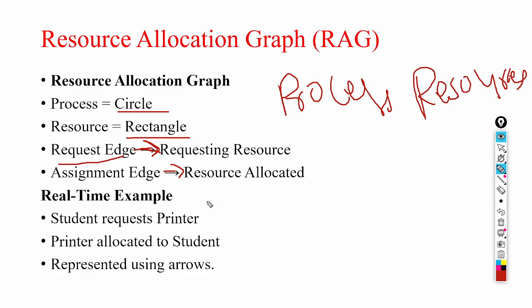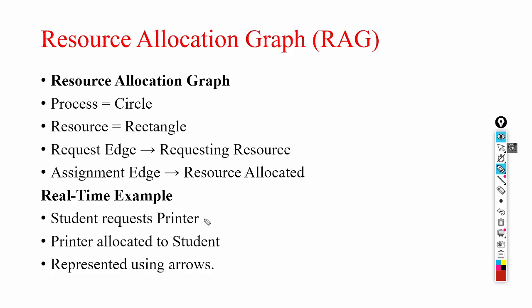Using this graph, the operating system can analyze resource allocation situations. And one more example: the student requests the printer, and the printer allocated to the student is represented using arrows. This we call RAG, resource allocation graph.